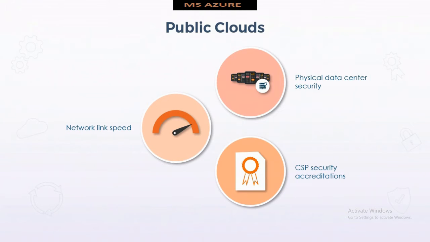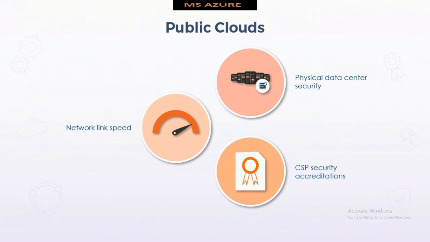On the physical data center security side, we have to be assured, and there are reports that are published by Microsoft from third-party audits, which includes auditing of the physical data centers themselves and their security mechanisms.